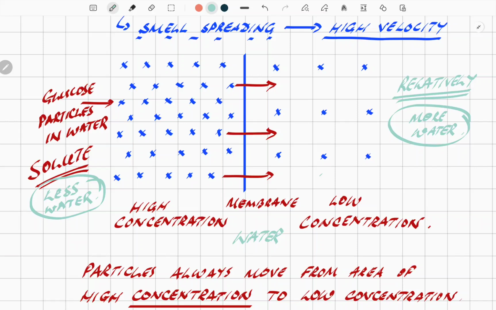Is it going to move from the one with more water to less water? Exactly. So the water movement is going to be in that direction, like that. So that will be the water movement. So that is osmosis.